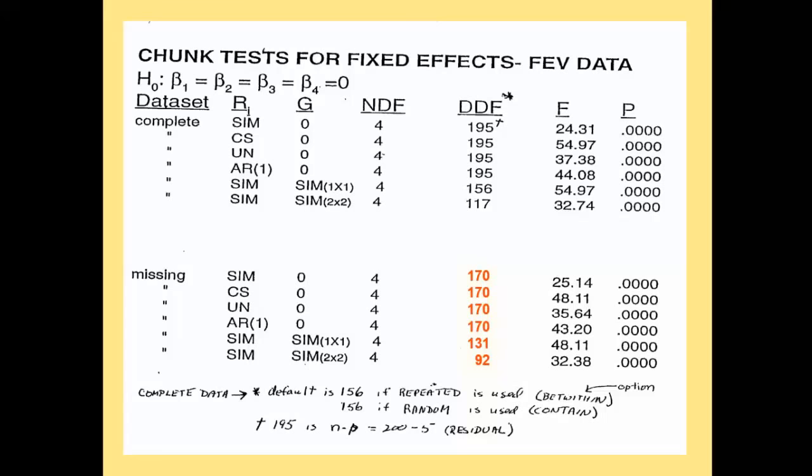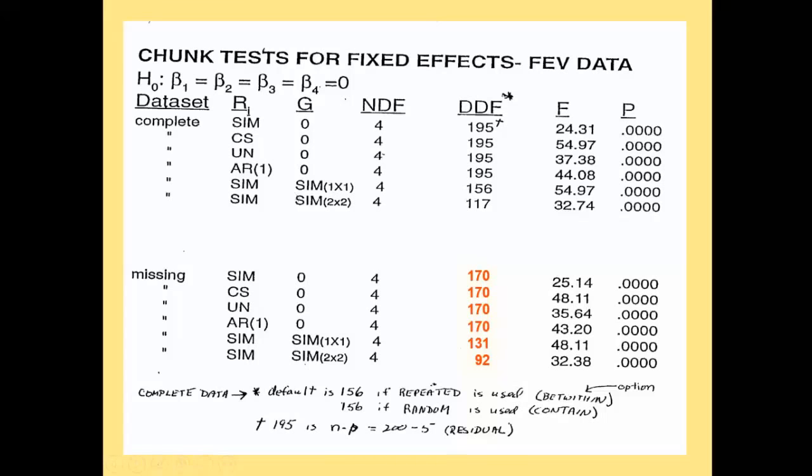That's how you get 117, and that's where these numbers come from. So the 156 and the 117 aren't what you get from the residual degrees of freedom, from DDFM equals residual. The residual would give you 195. So if you use the residual when you're doing this, you're not going to get what makes sense.